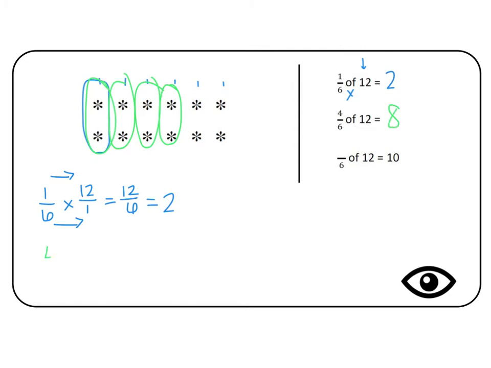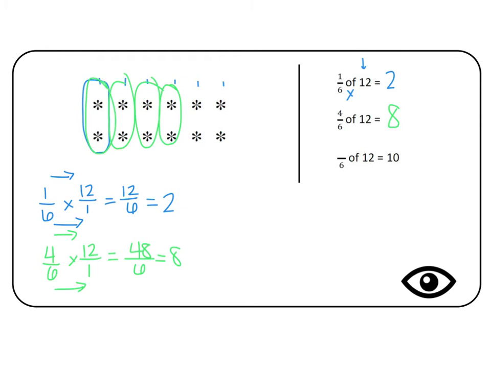And I could prove this with 4/6 times 12 over 1, because it's a whole number, so it always has a 1 on the bottom. And then I multiply straight across the top and straight across the bottom. 4 times 12 is 48. And 6 times 1 is 6, and 6 goes into 48 8 times. There's our 8. Perfect.